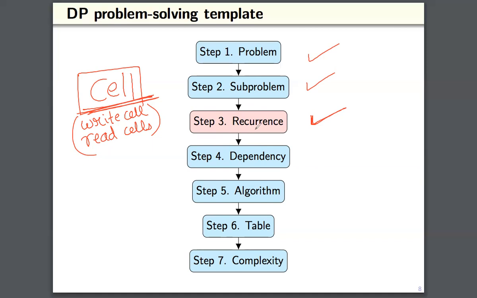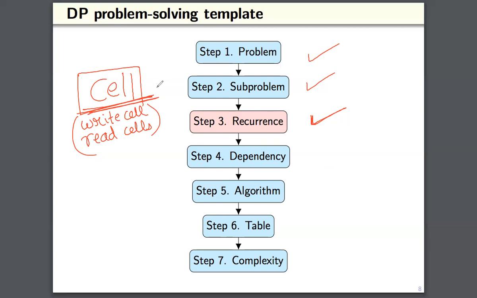If they just identify the recurrence, they write papers on those problems. Sometimes, I can show you if you're interested, they are 65 pages long, very hard, full of mathematical details proving that it is correct. So coming up with the recurrence is the brain of DP.